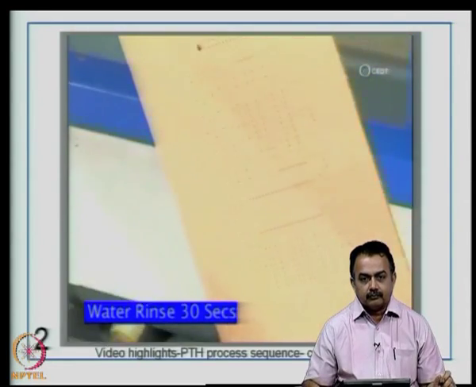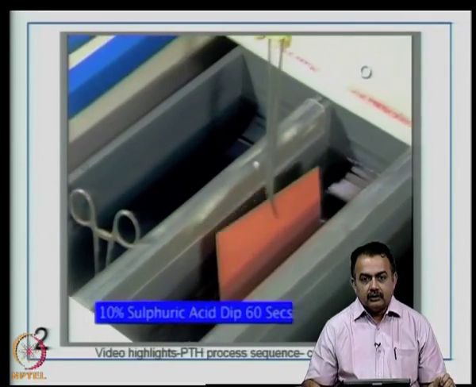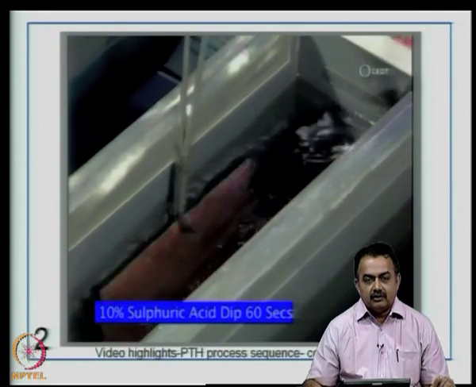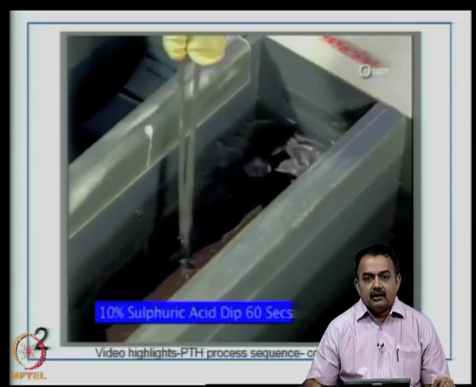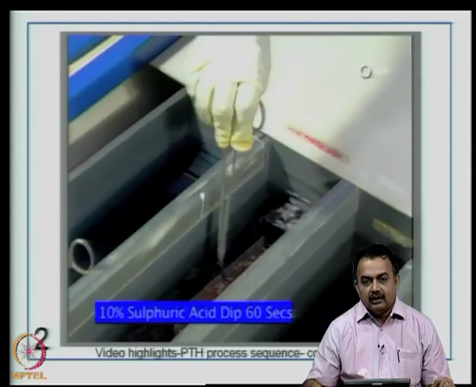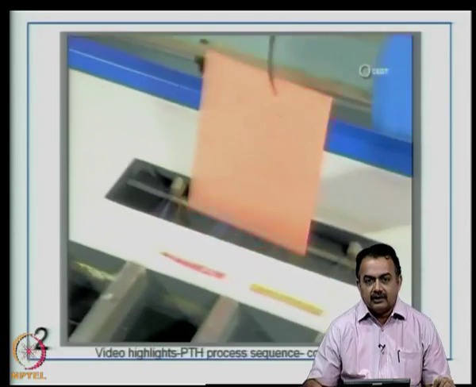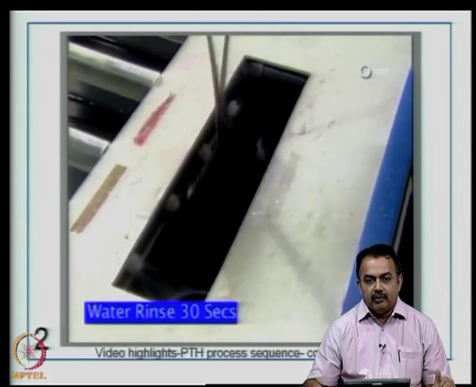Now, this is followed by acid dip, 10% sulfuric acid solution for about 60 seconds to neutralize all the etchant, if any, that is present on the surface as well as in the through hole. This is followed by a water rinse.